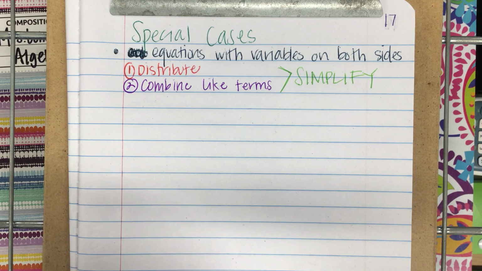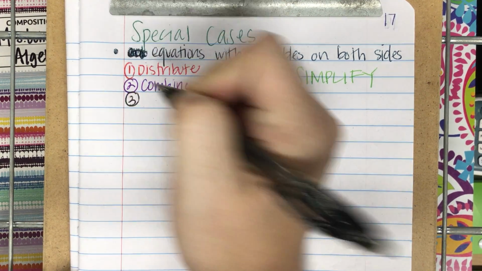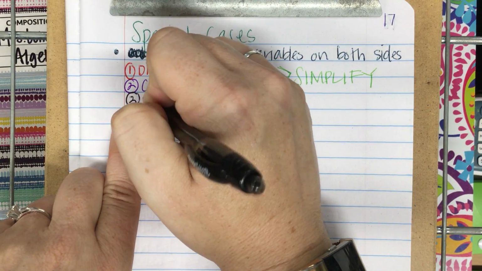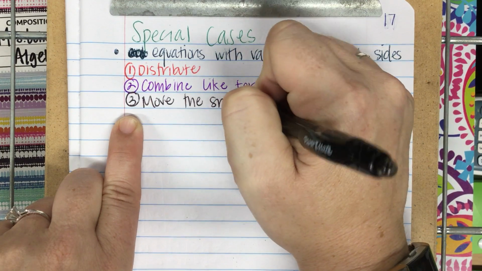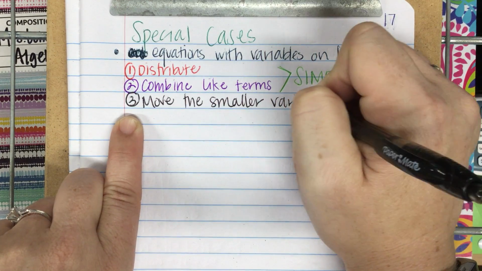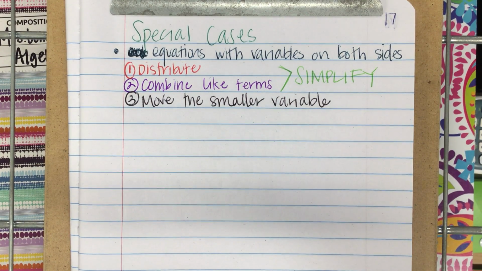And then I'm going to fill in the next 3 steps. Step 3 is to move the smaller variable. Once you move the smaller variable, what's step 4?